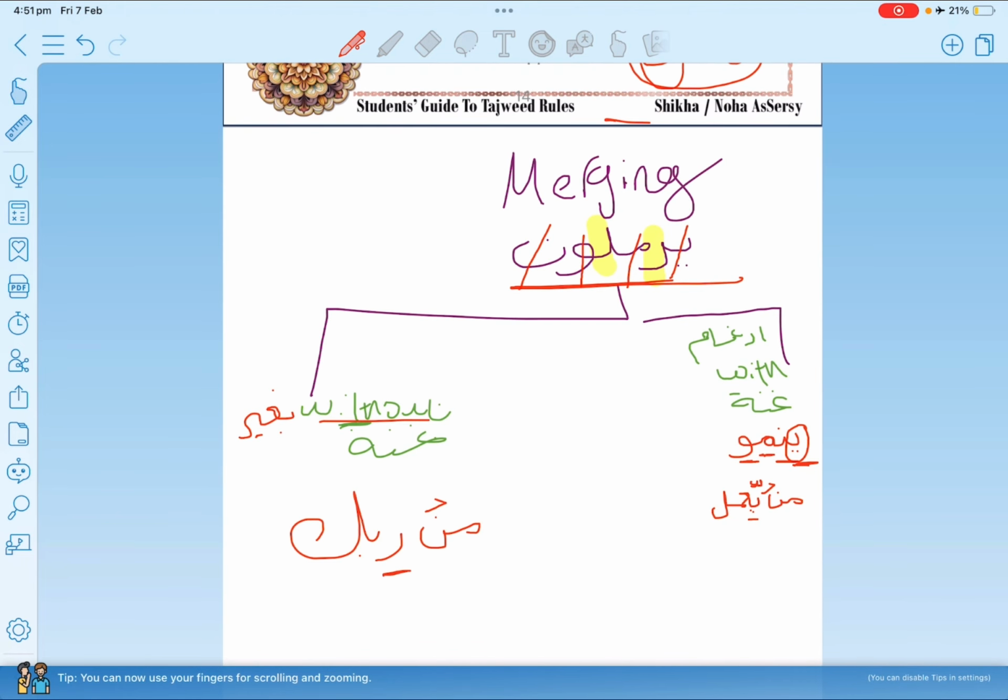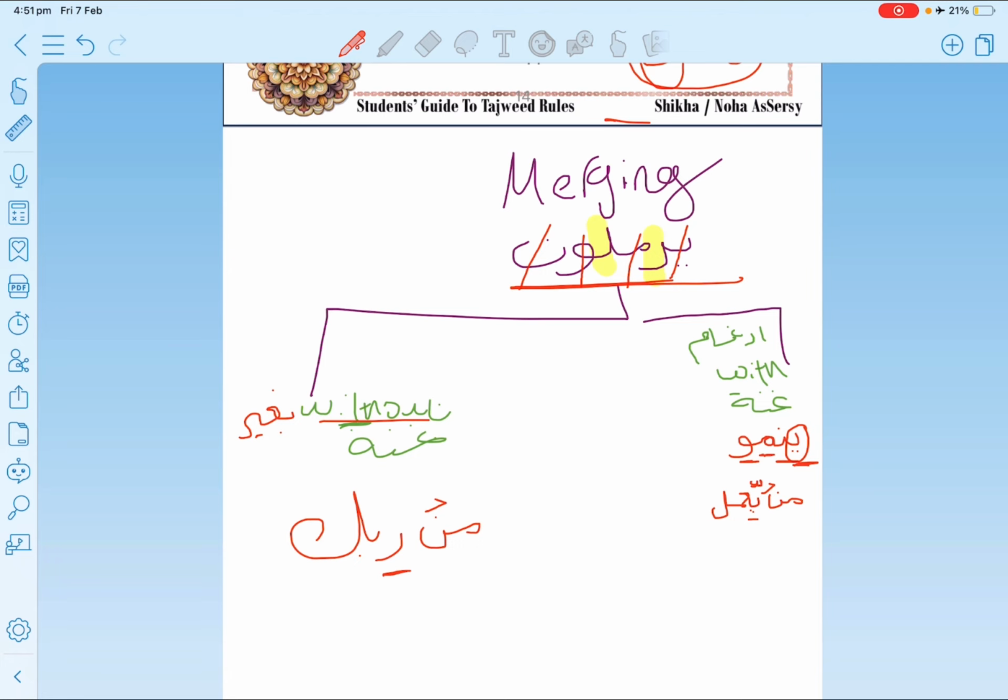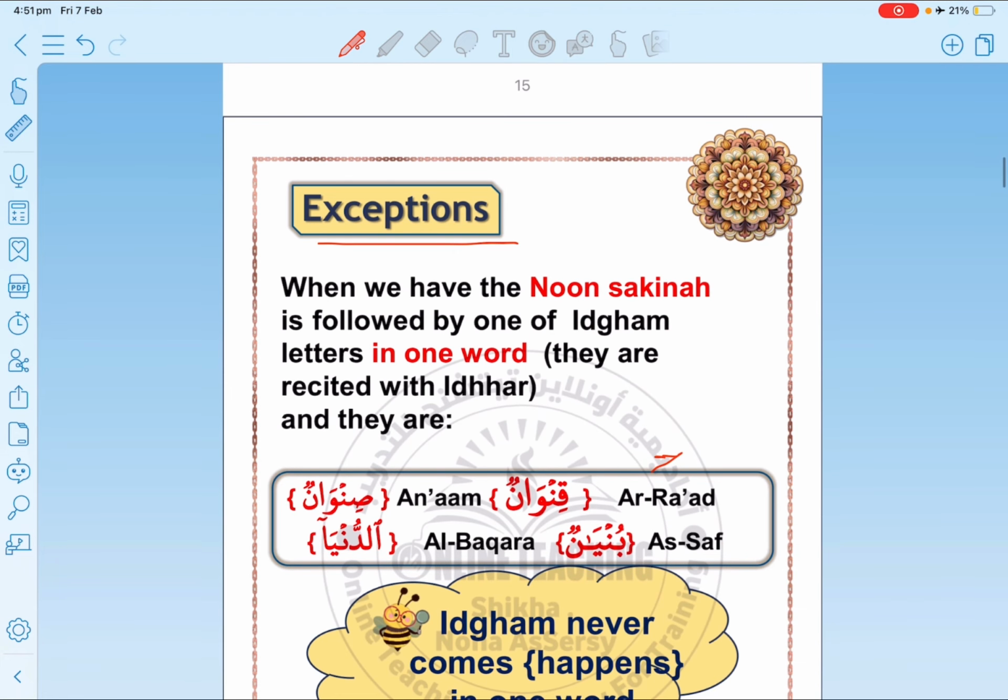So the noon sakin or tanween comes at the end of the first word, and one of the yarmalun letters comes at the start of the next word.